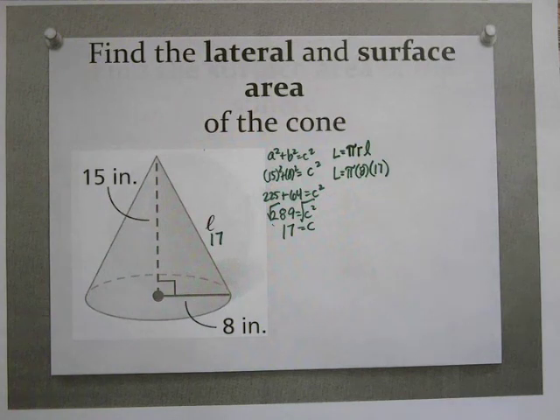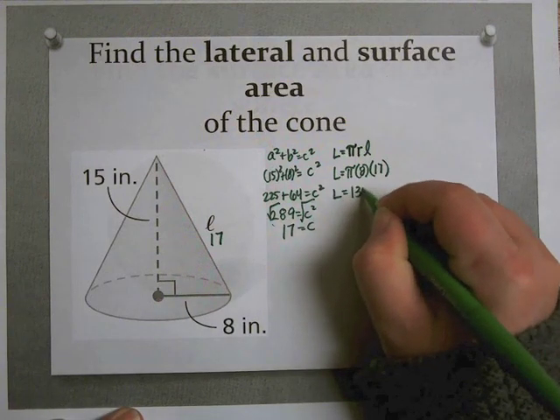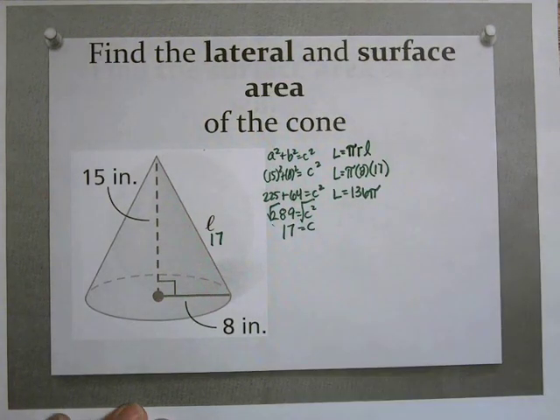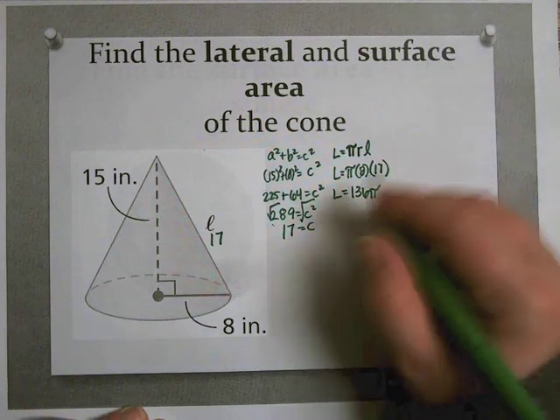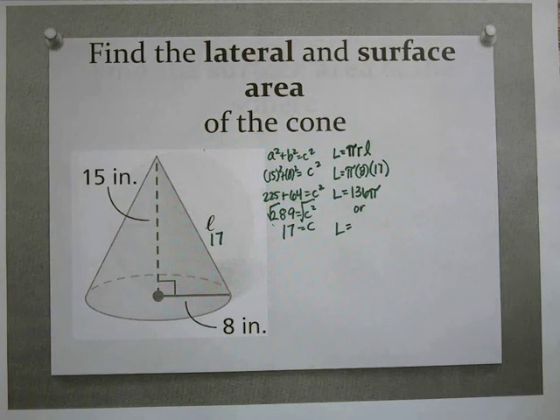So 17 times 8 is 136. So our lateral area is 136. Don't forget the pi. That is if we want the exact answer, or remember, if we want to round it, we take 136 times 3.14, and that would be 427.04.